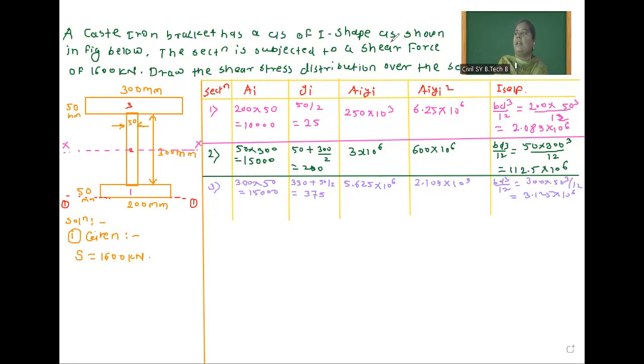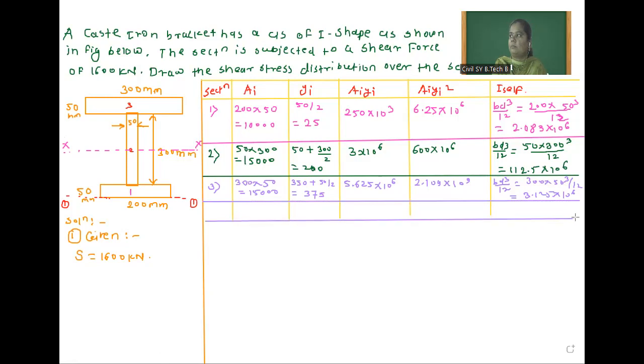So we will take the summation. First, summation of area, which is equal to how much? Summation of area is 40,000.